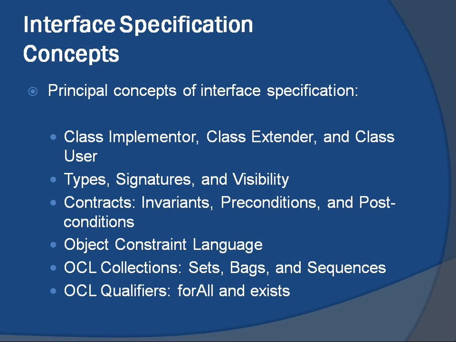Then we have to see types, signatures, and visibility. Then contracts include invariants, preconditions, and postconditions. Again, we will be looking at Object Constraint Language, OCL collections as sets, bags, and sequences, OCL qualifiers for all and exists.